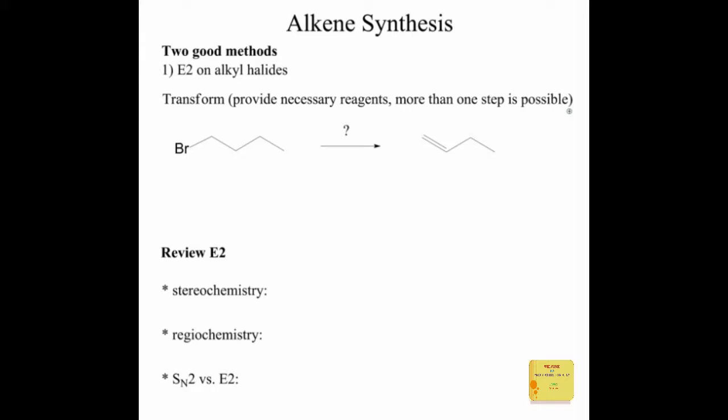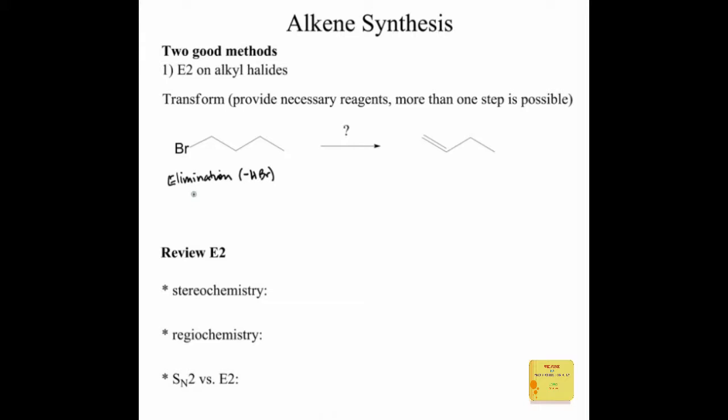If we compare our starting material to our product, we see that an elimination has taken place. It must be an elimination because we've formed a double bond. We've lost the bromine, the leaving group, but we've also lost a hydrogen. So what we need to consider is what mechanism we want to employ in doing this elimination.